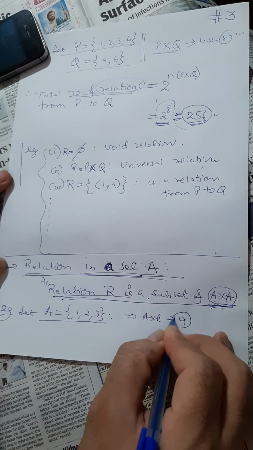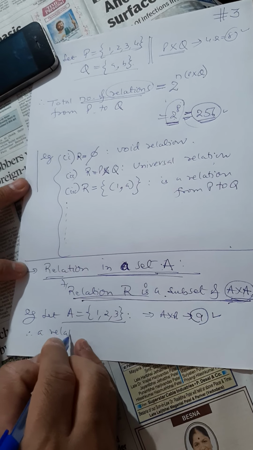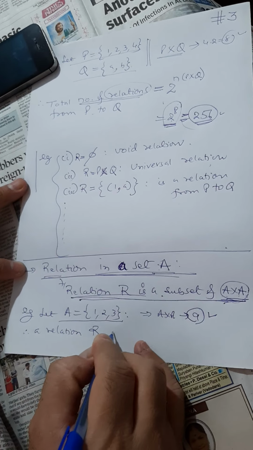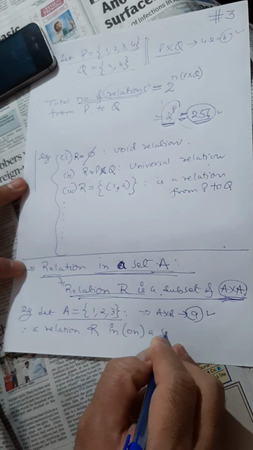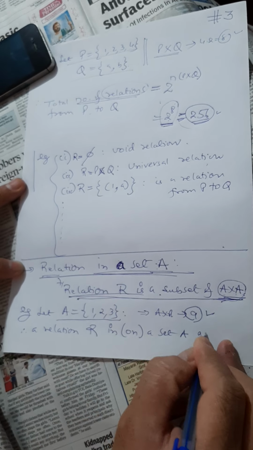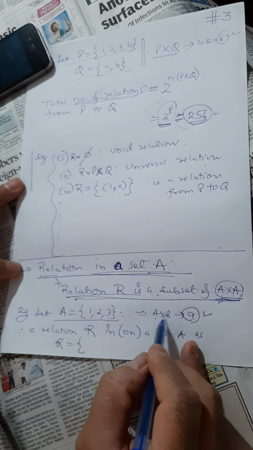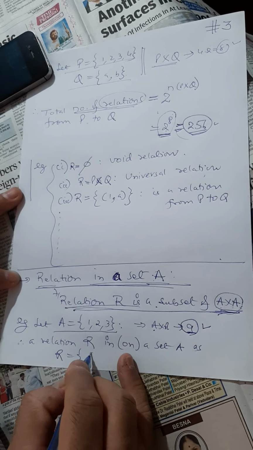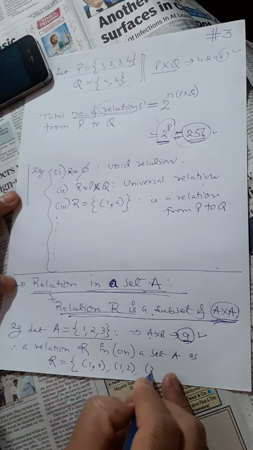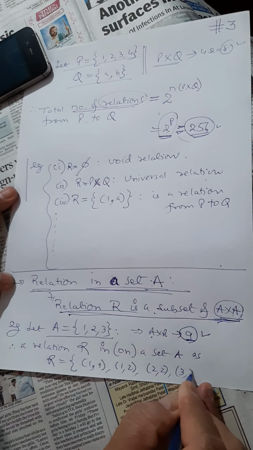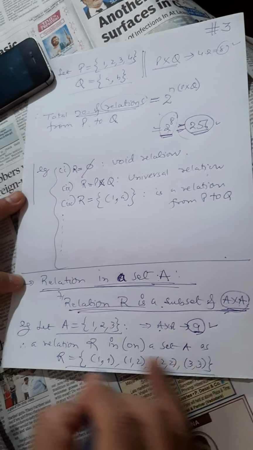You can find a relation R in or on a set A as R equals to some subset of A cross A with 9 ordered pairs. I'm taking some ordered pairs randomly: (1, 1), (1, 2), (2, 2) and (3, 3), for example. So this is a relation in a set.